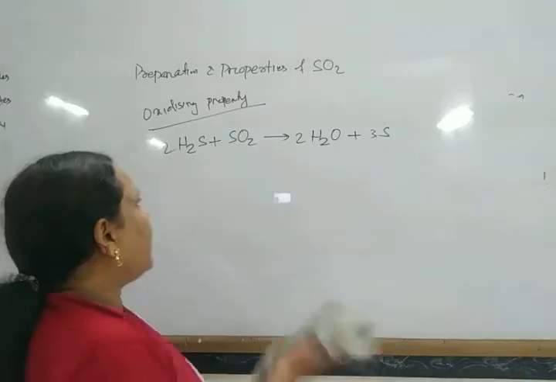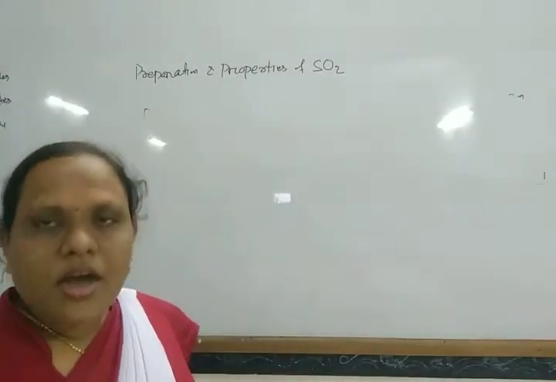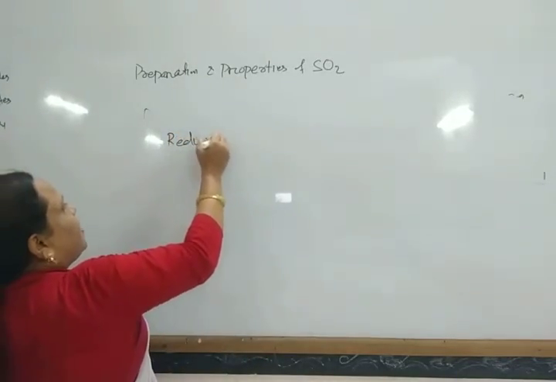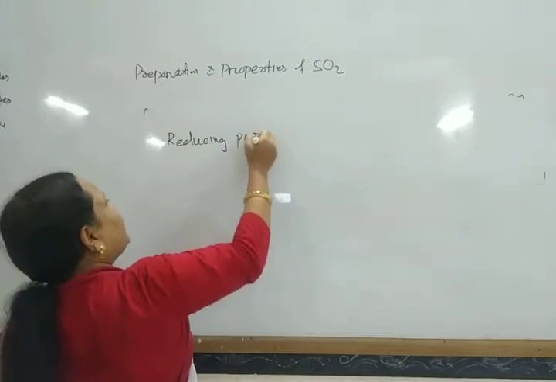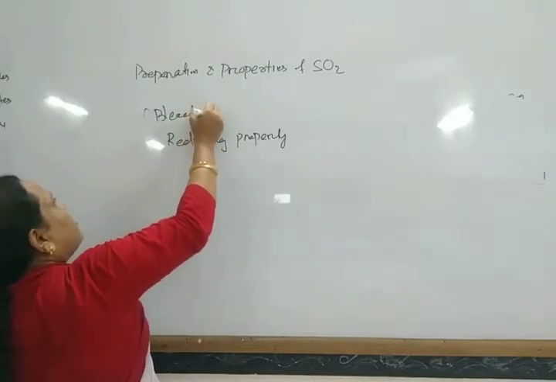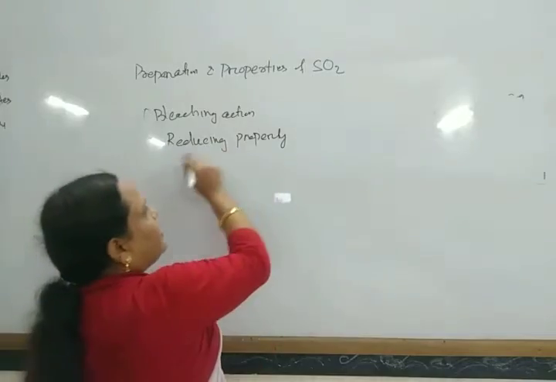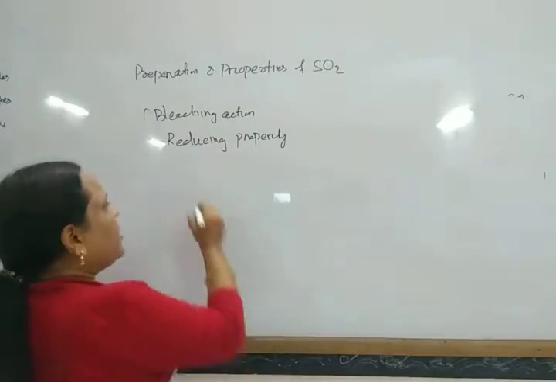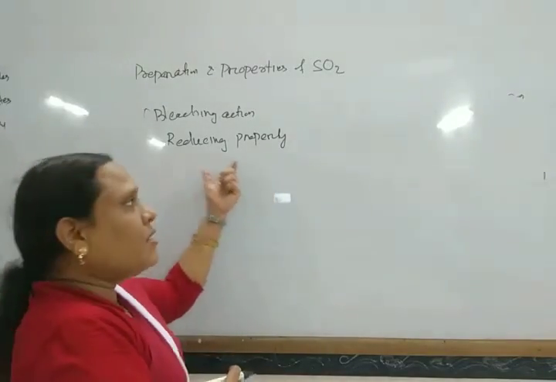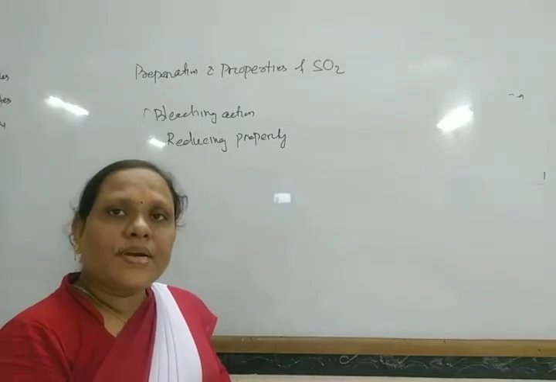It liberates nascent hydrogen, and when any vegetable coloring matter is treated with this nascent hydrogen, it becomes colorless.